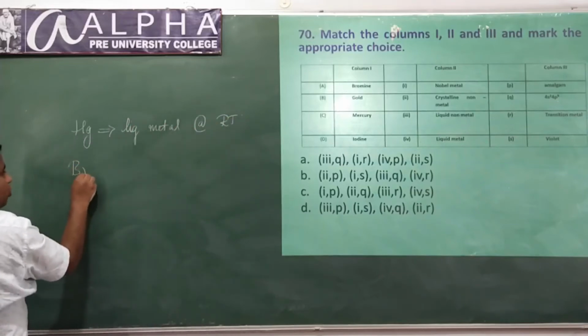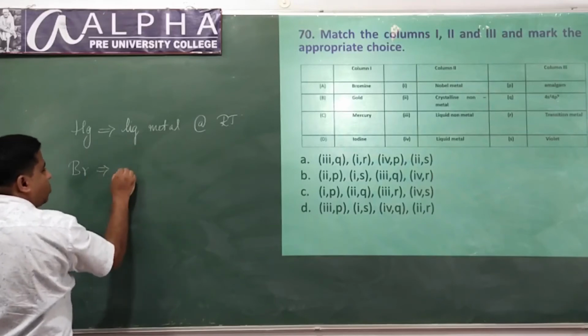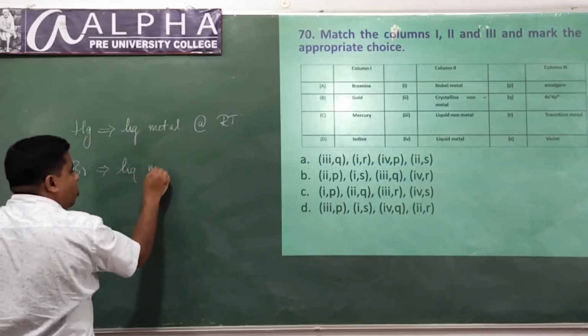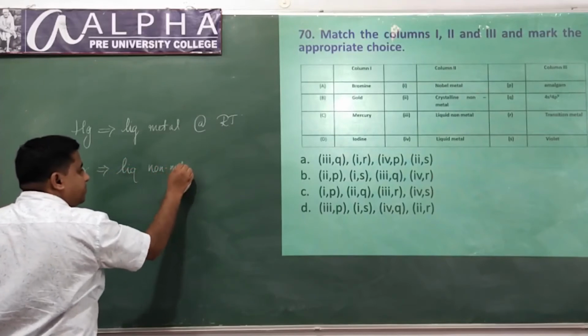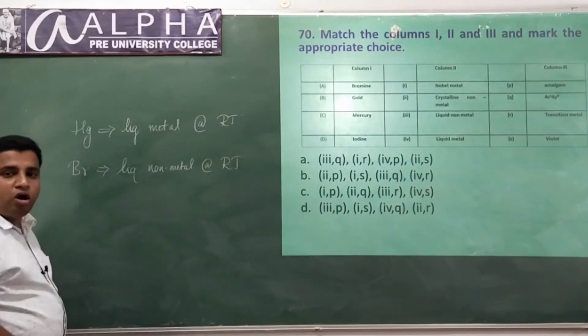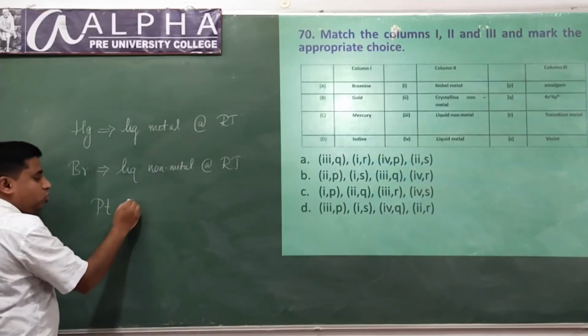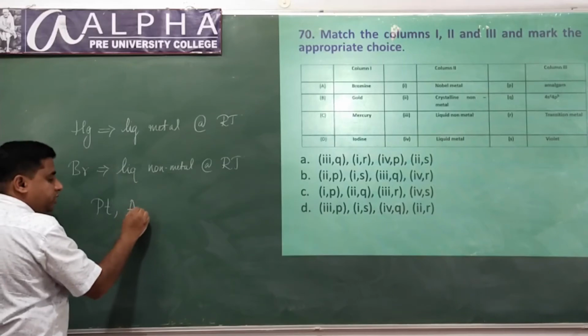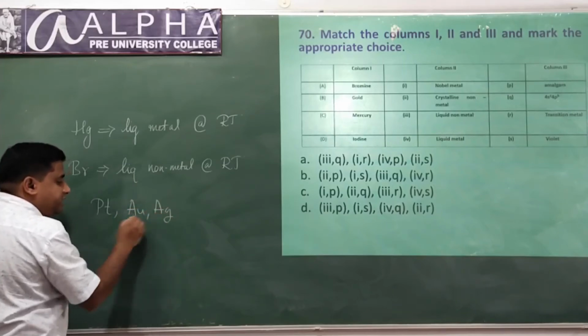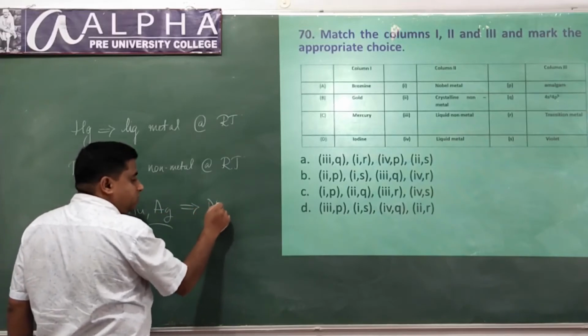Bromine, I have told you that it is the only liquid non-metal at room temperature. And platinum, gold, silver, these three elements are called noble metals.